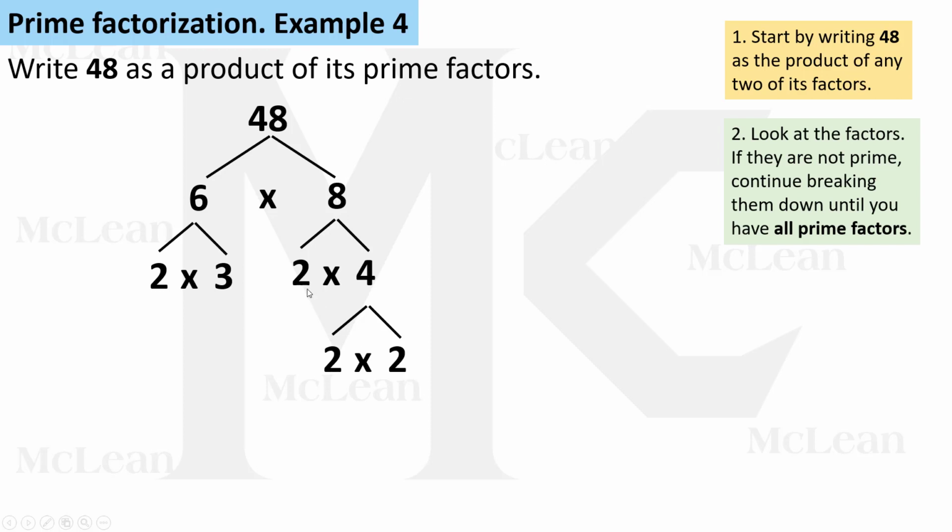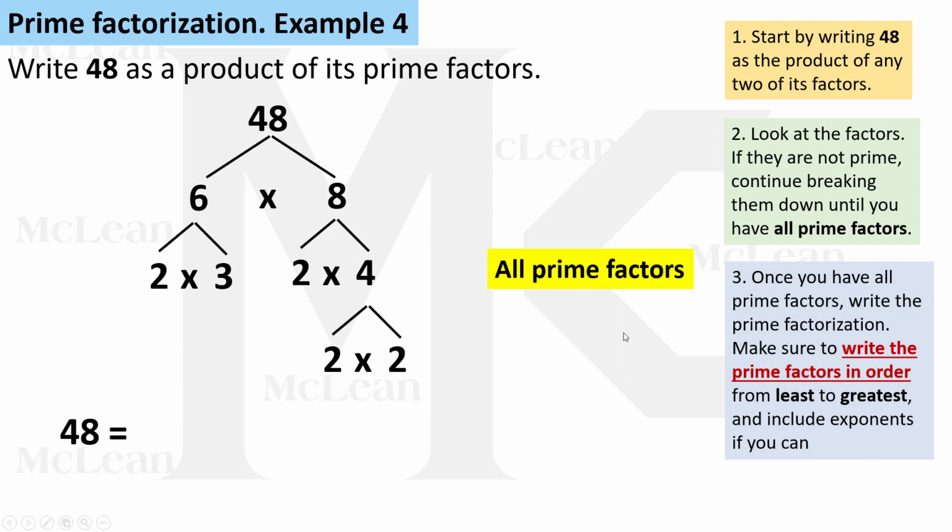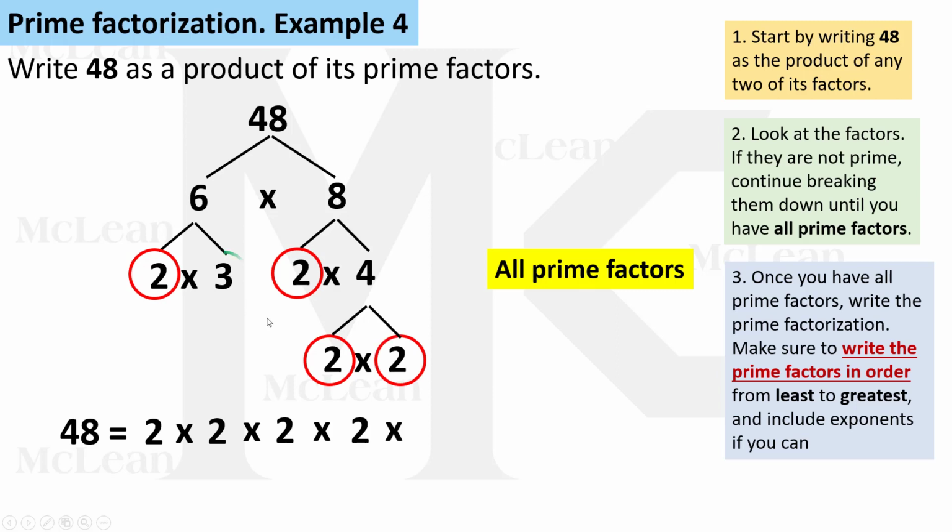Remember, this was already done: 2 here and 3 here. We're working on the 4. So we have 2, 3, 2, 2, and 2. These are all prime factors now, not the 4 though. So we start with the smallest unit, which is 2 times 2 times 2 times 2, and finally times 3.